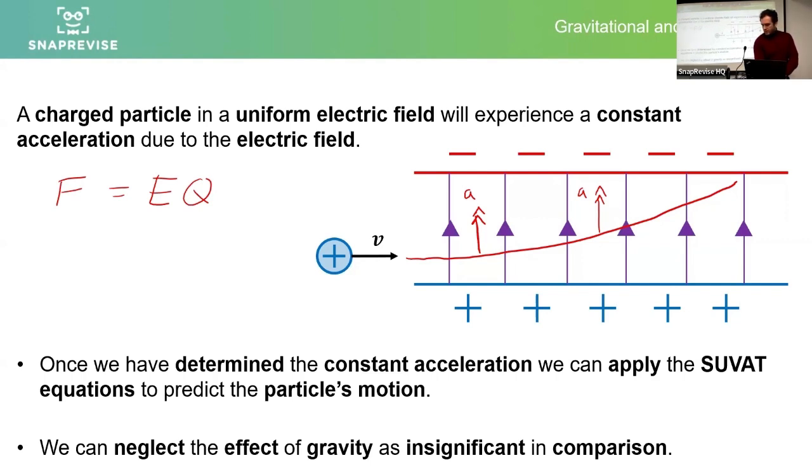So let's say it's a proton. It's got charge e. But we also know that F is equal to ma. So what's acceleration equal to? It is equal to the force divided by m, which is in itself equal to e times the electric field strength divided by m.